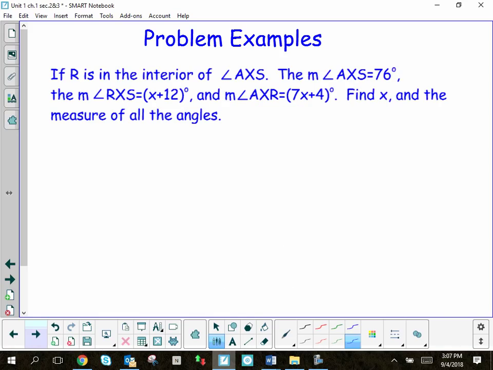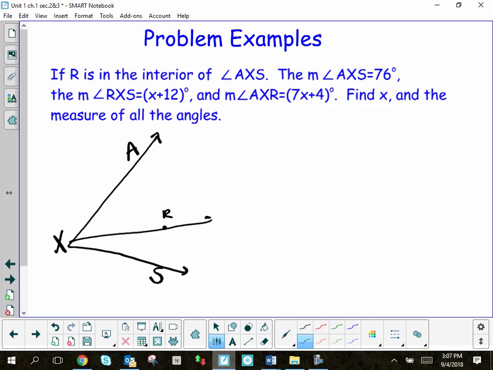So here, we have to draw the picture in order to make it look fairly easy, because whenever you just read it in words, it's kind of hard. So let's draw a big angle, AXS, and then it says R is in the interior. Here's R. Now let's write down some measures.